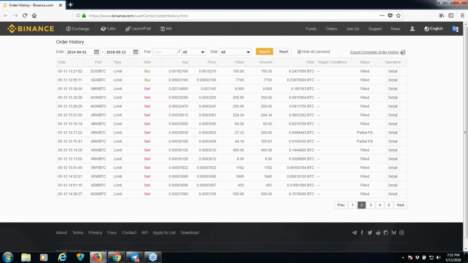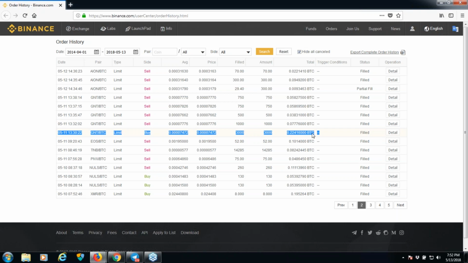I would buy a coin that was recommended, and then put in the sell prices. GNT, here's an example right here. Let's have a look. I was told to buy GNT, and I bought a little lower than what they recommended. I waited.